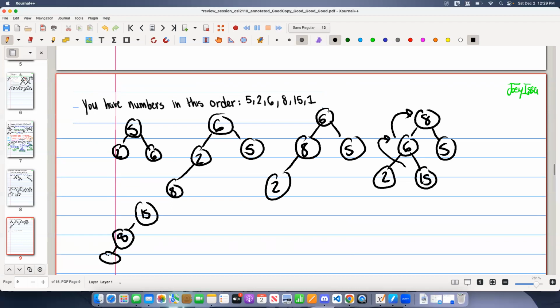We have 2 here, we have 6 here, and then we have 5. Perfect. So now this is a max heap. Now you're going to add 1. 1 goes here, and we're done.